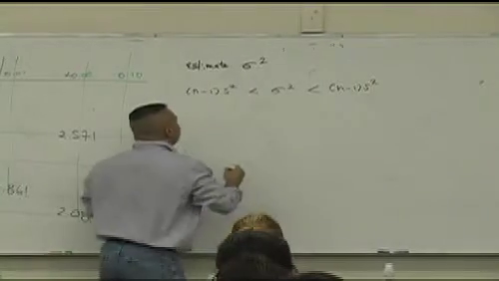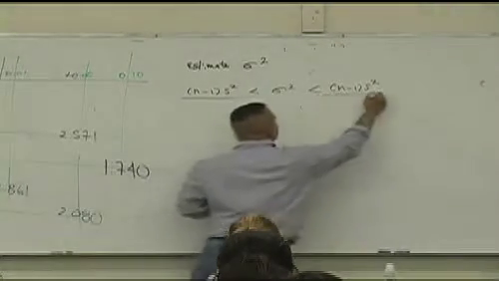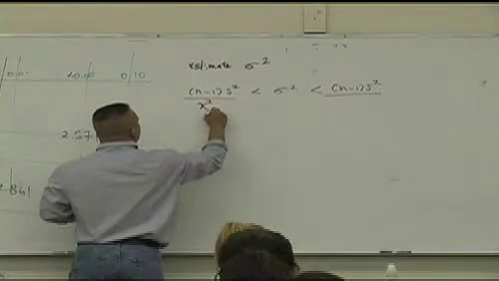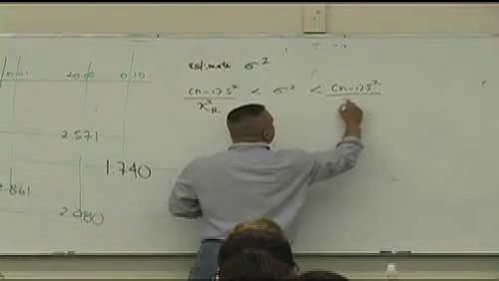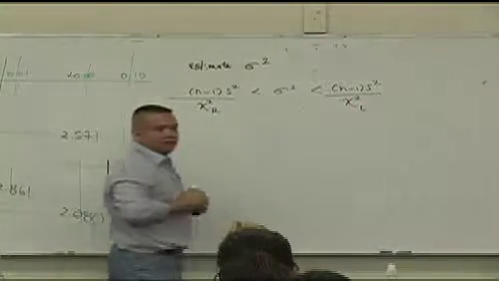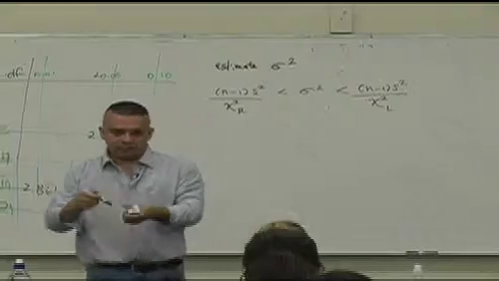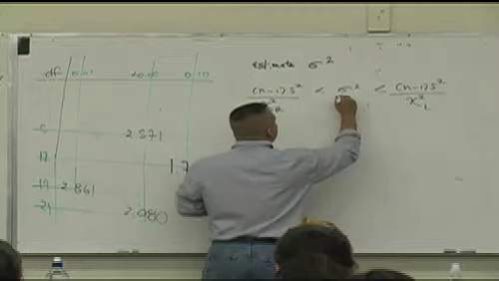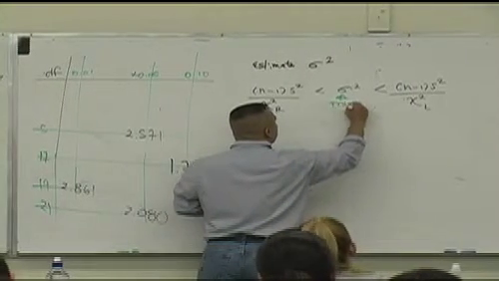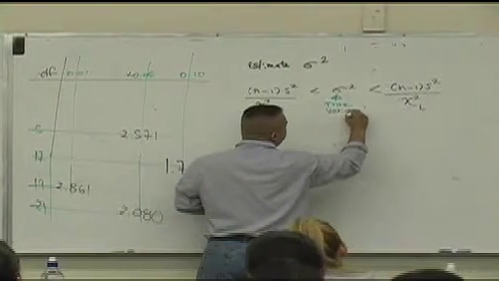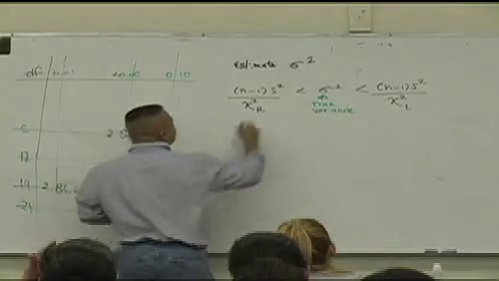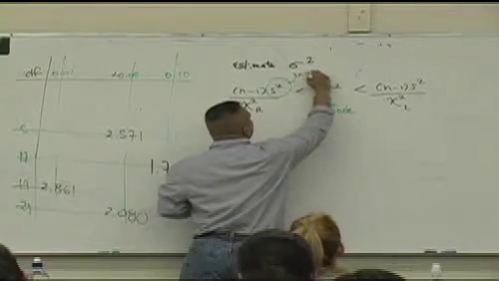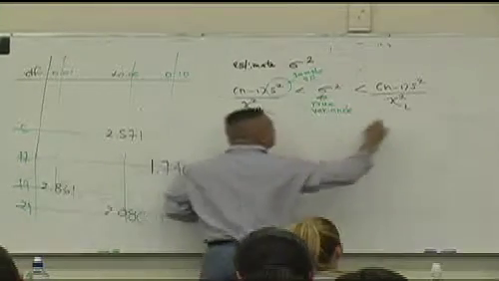This is a little different. And you get a chi-square right over a chi-square left. Now, this is your true variance. This value is your sample standard deviation. So is this.